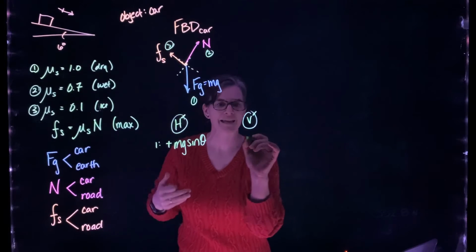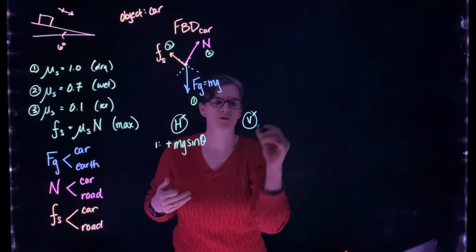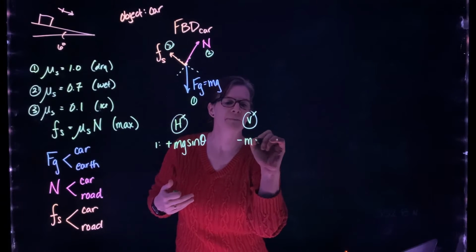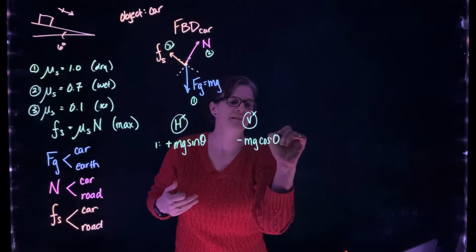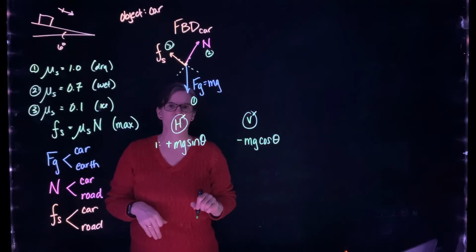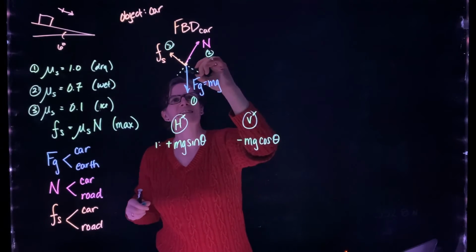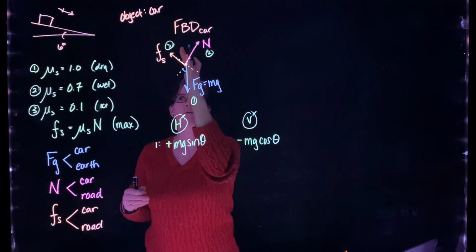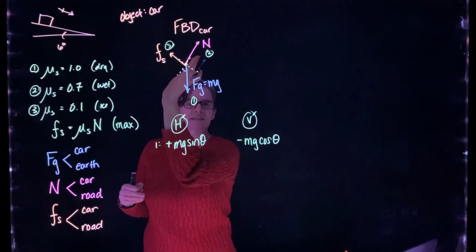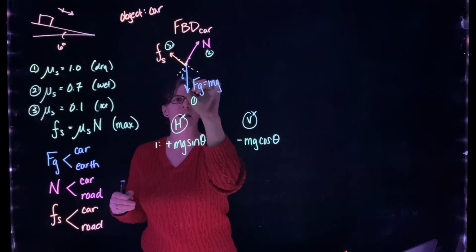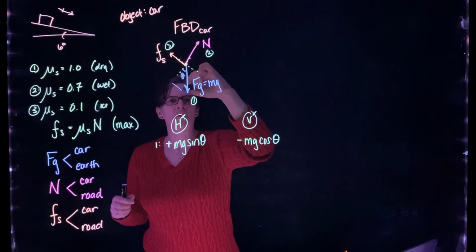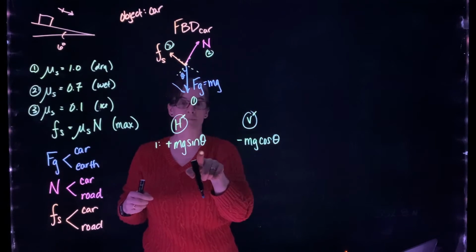Vertically, well, that's in the downward direction as I've defined it, minus mg times the cosine of the angle. All right, so what two components are we looking at? We know that this is our 6 degrees, right? So the ramp causes this to be 6 degrees, so this is our angle. Down the ramp is opposite, so the sine.